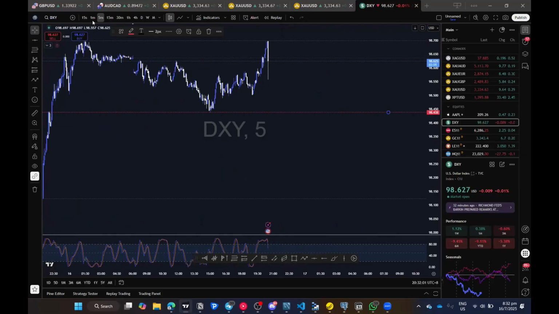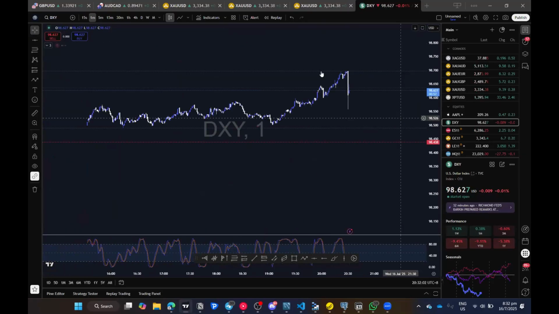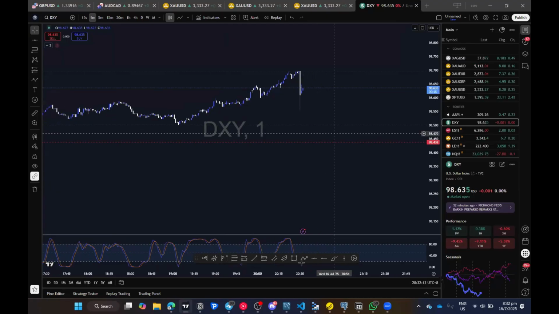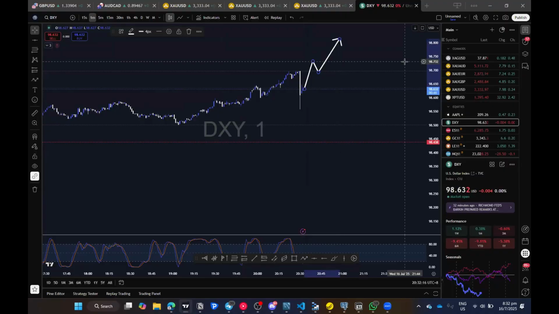Okay, so was this news induced? The news came out, it was high and then it shot down. Did not break any of these lows. This low here. So I would say once it moves above, then it's the resume to the upside.